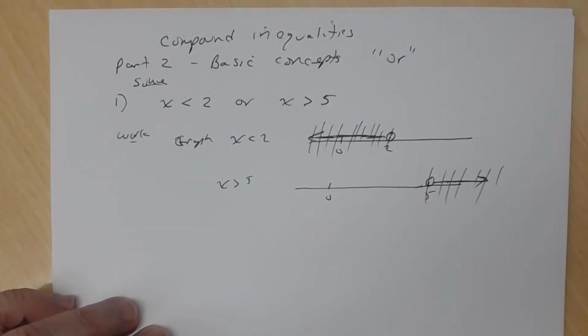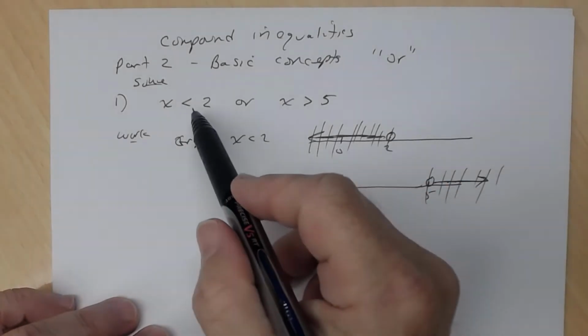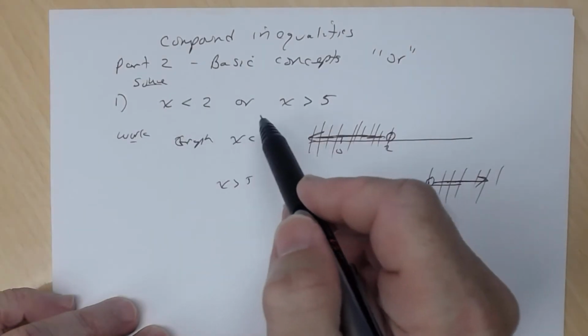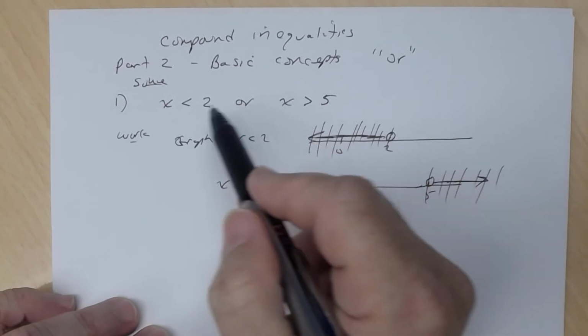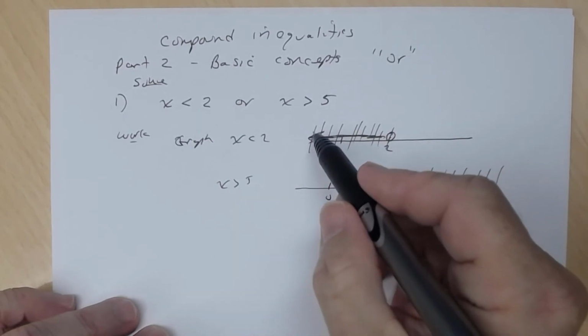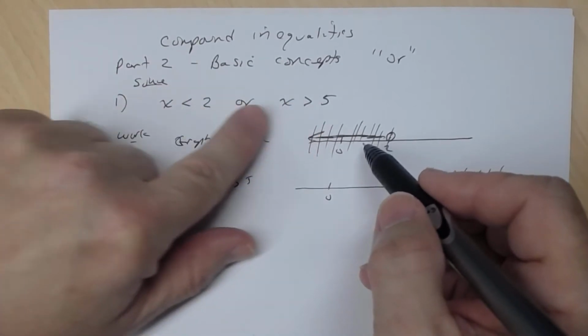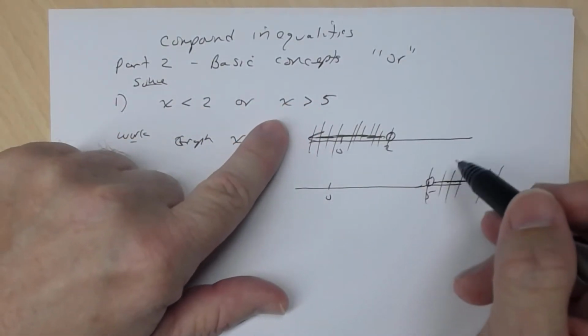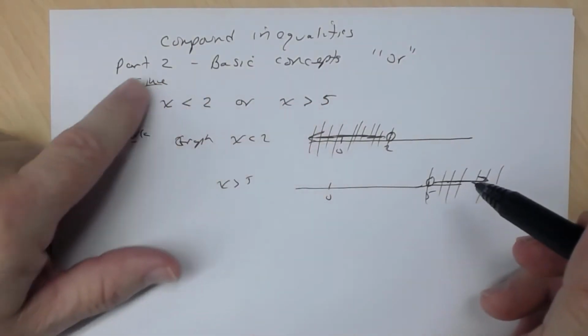Anything shaded is a solution. Remember, any number less than 2 is a solution, or any number greater than 5. It has to satisfy either one, this one or this one. So all real numbers here are a solution to this compound inequality.